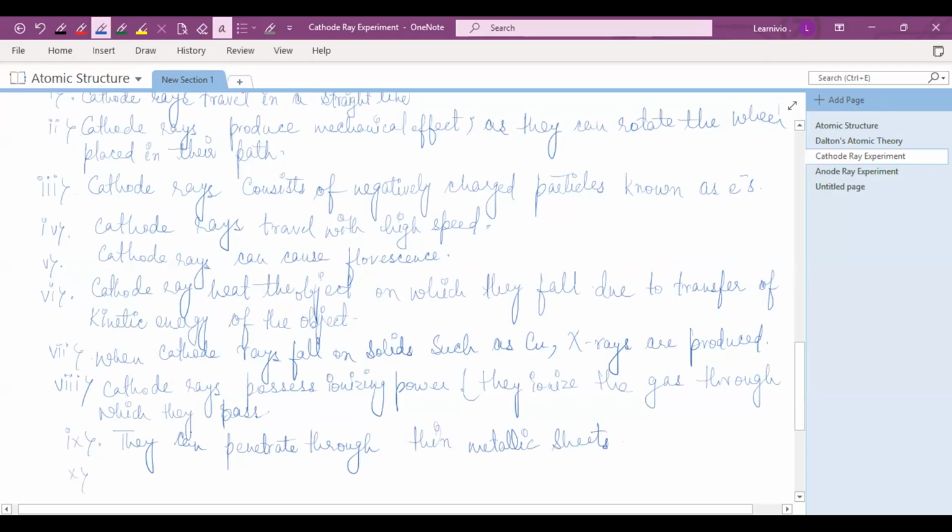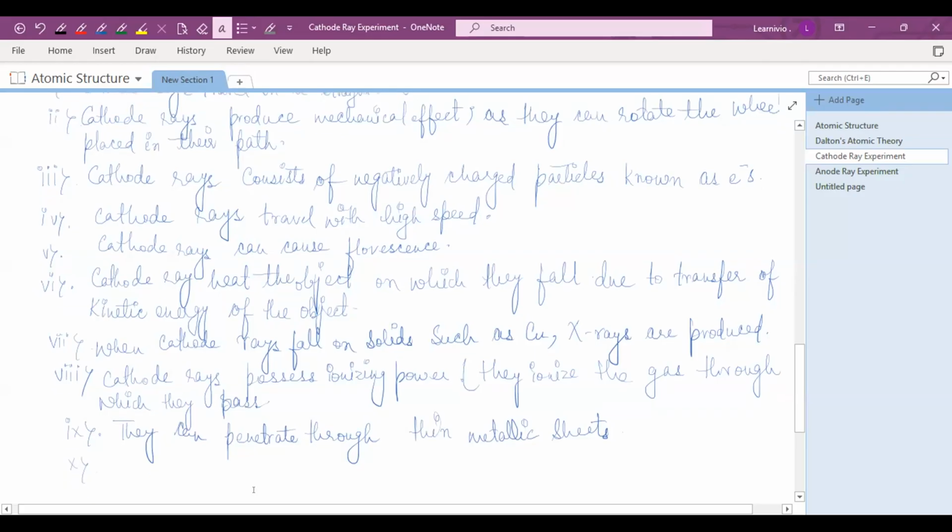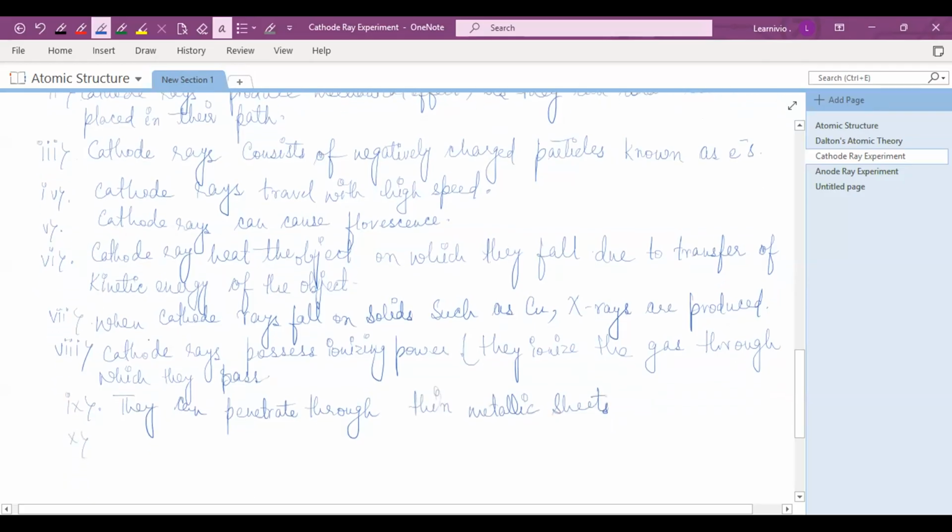Next, you can write down that the nature of these rays doesn't depend upon the nature of gas or the cathode material used in the discharge tube, same as the anode rays.